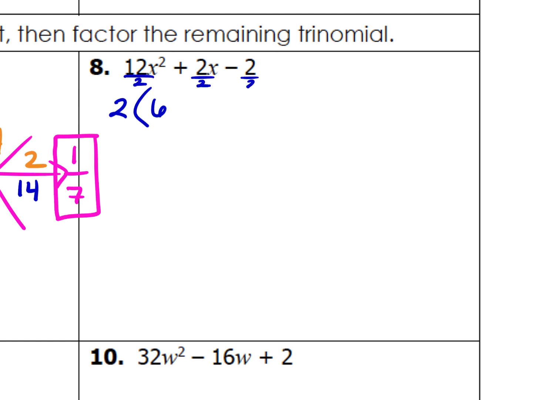Divide by 2, divide by 2, divide by 2. So you get 6x squared. 2 divided by 2 is 1x. You can put the 1 in if it helps you to see it better. You don't have to put the 1 in. That's up to you. This one you have to put in because there's nothing else there. So 2 divided by 2 is a 1 for that.